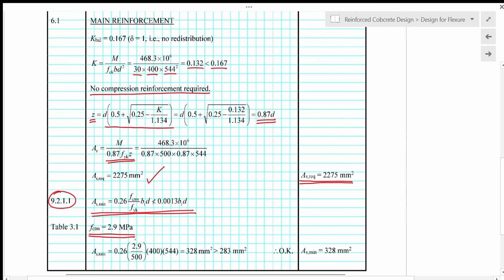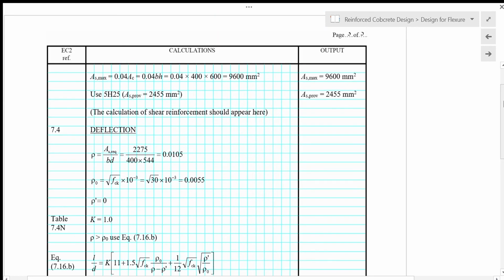So when we substitute the concrete tensile strength as 2.9 megapascal in the equation, we get As,min equals 328 square millimeter, and this is more than 0.0013 bd. So the As,min calculated is okay. Next, we calculate the maximum area of reinforcement, which is 4% of the concrete cross section, or 0.04 bh. So it is equal to 9600 square millimeter. So we put the output on the right hand column.